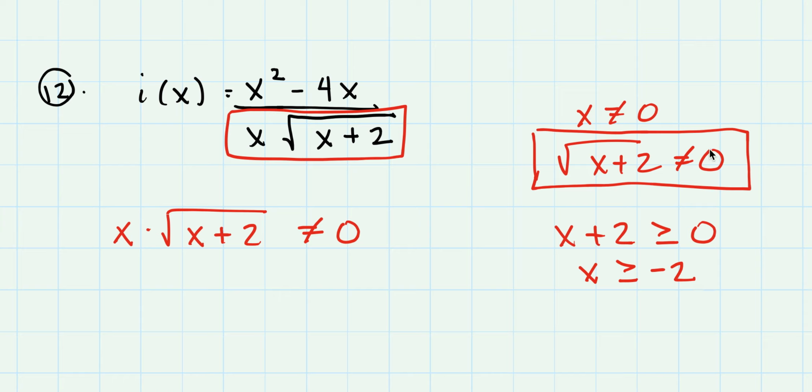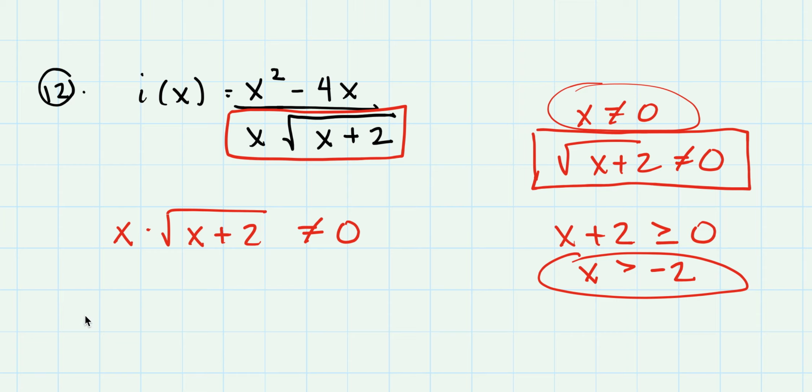But because the thing can't equal 0, what happens if you plug in negative 2? You get the square root of 0, which is 0. And then you have negative 2 times 0, which is going to be 0. So it turns out, because of this piece here, I actually have to get rid of the equal sign. So x has to be greater than negative 2, and x can't be 0.